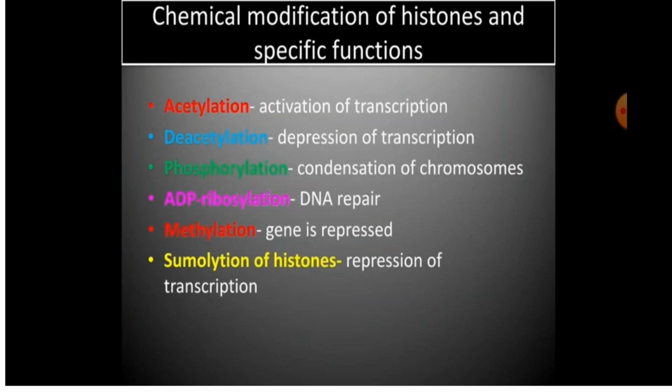Now, in what conditions are these modifications taking place and what are these modifications helping us to do? अगर histone molecule which is bound to DNA gets acetylated, then it leads to activation of transcription. एसिटाइलेशन से क्या होगा कि हिस्टोन मॉलिक्यूल्स की डीएनए के साथ बाइंडिंग थोड़ी कम हो जाएगी.